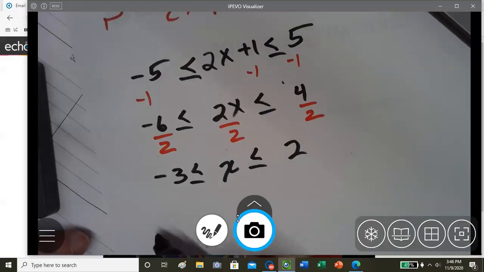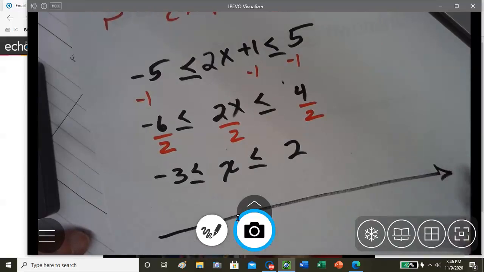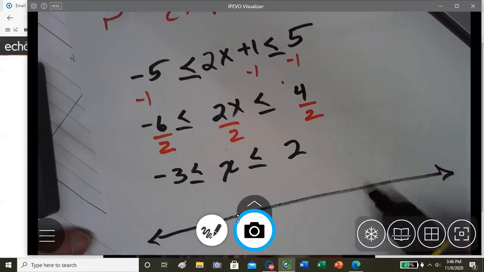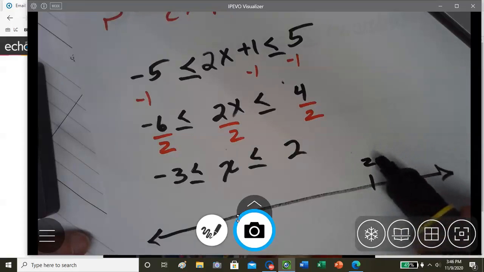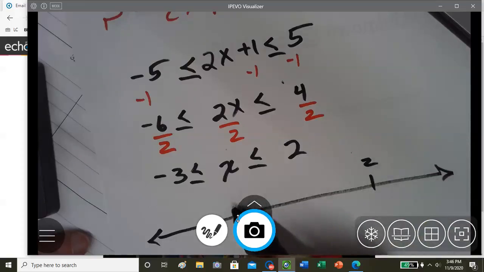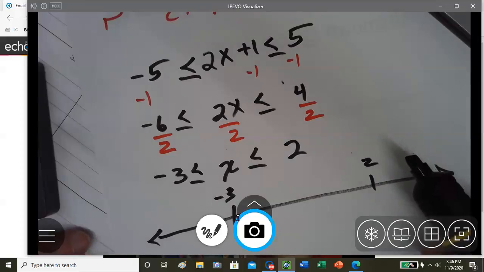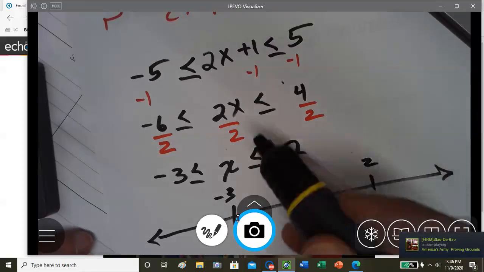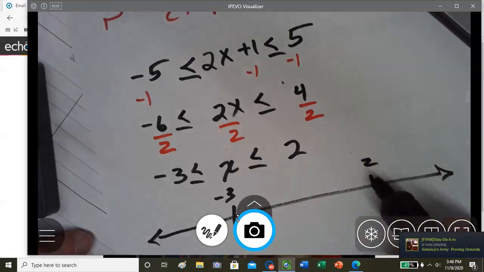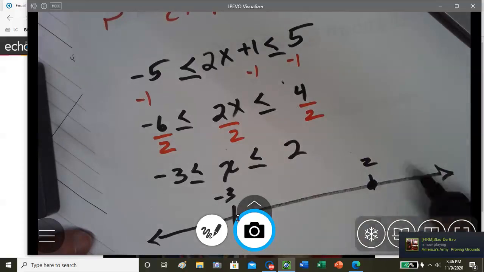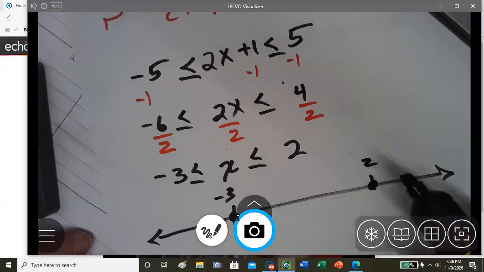Okay, so if we're looking at this on a number line, this would be 2, so that's our least upper bound, and we have negative 3, that's our greatest lower bound. Because it's less than or equal to and greater than or equal to, they're closed because they include it.